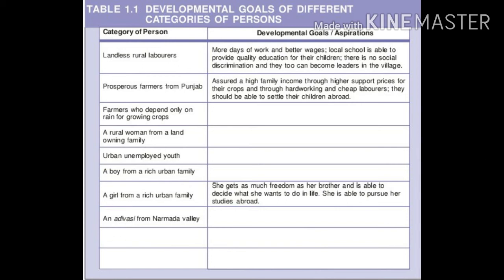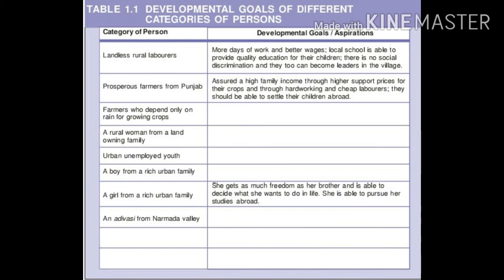There are different categories of persons, like landless rural laborers, prosperous farmers from Punjab, a girl from a rich urban family, a boy from a rich urban family, urban unemployed youth, and even a rural woman from a landowning family.